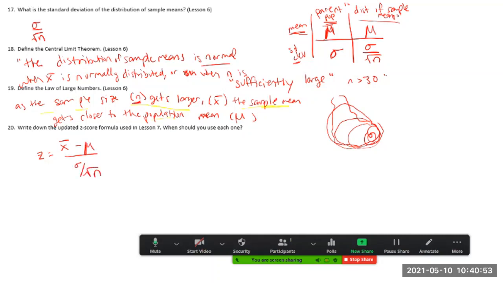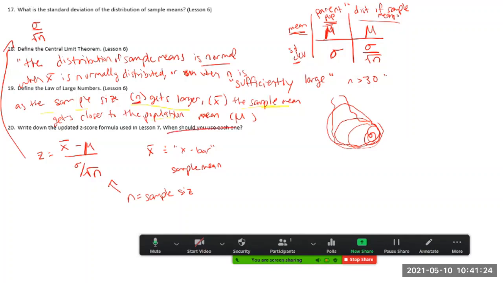So this one uses x bar, which is the sample mean for a particular set of data. And notice that it has an n, which is a sample size. It uses a new number. And so this takes our new concepts that we just learned from number 16 and 17 of using a sample, its mean and its standard deviation, and calculating a z-score.